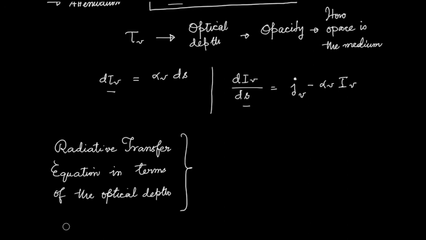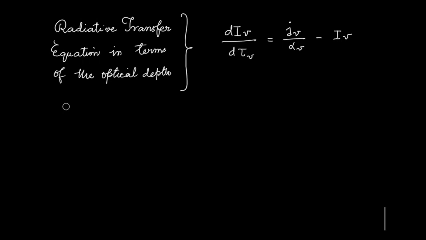I get alpha nu in the numerator and then ds. So what I do is I divide everything by alpha nu. With this much of manipulation, which is extremely easy to do, so I will not do it for you here, you will get j nu by alpha nu minus I nu.